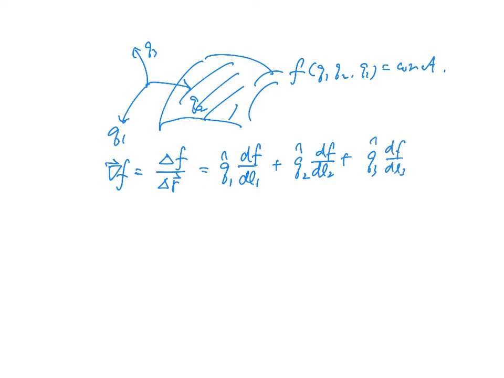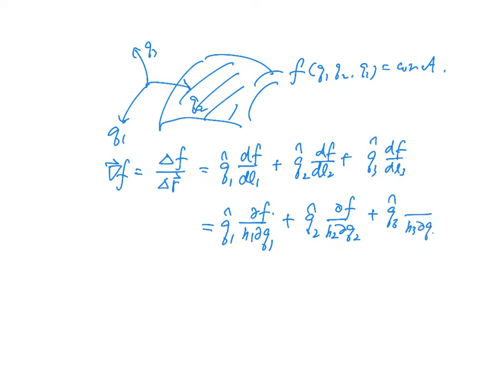dl3 over df, which can be written as follows: q1 hat h1 partial q1 partial f, q2 hat h2 partial q2 partial f, q3 hat h3 partial q3 partial f.